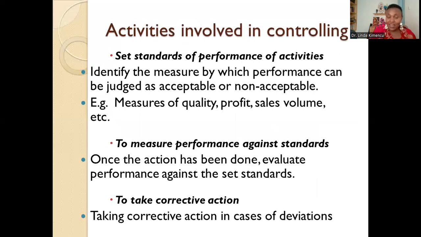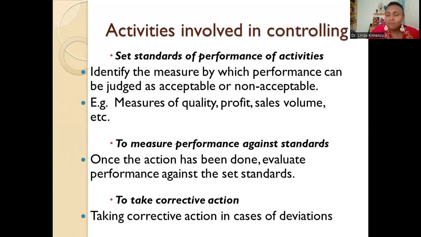So these are the activities. You set standards of performance of activities. How will you know that you are actually performing? And that is what you're talking about in the planning role when we talked of the objective. When you say you want to expand the market, for example, how will you measure that you've actually expanded? What percentage will you give that kind of expansion?